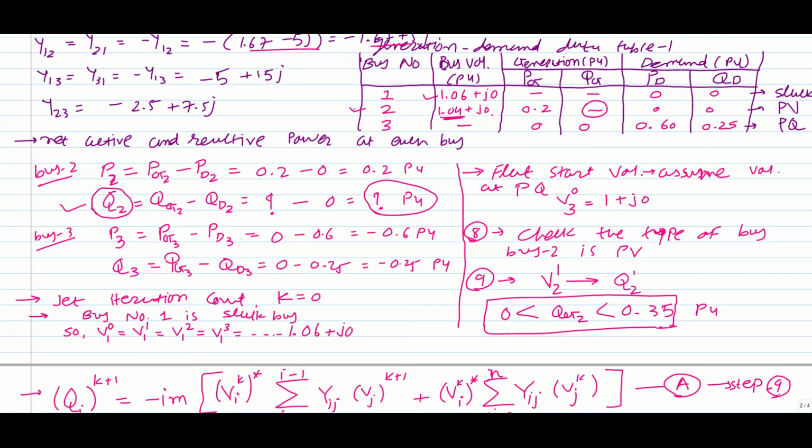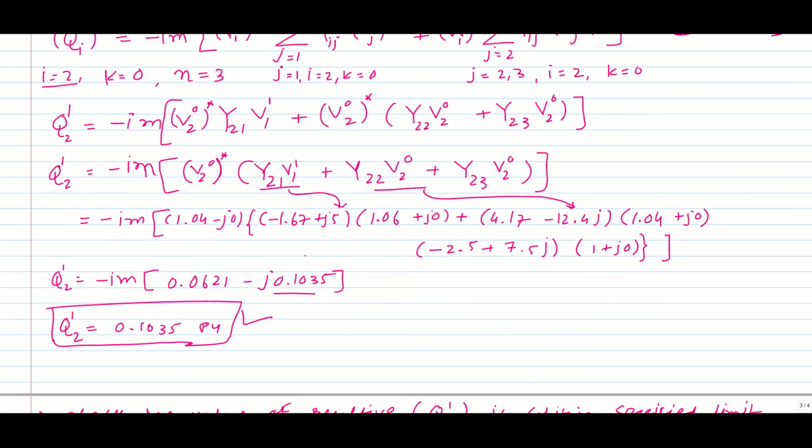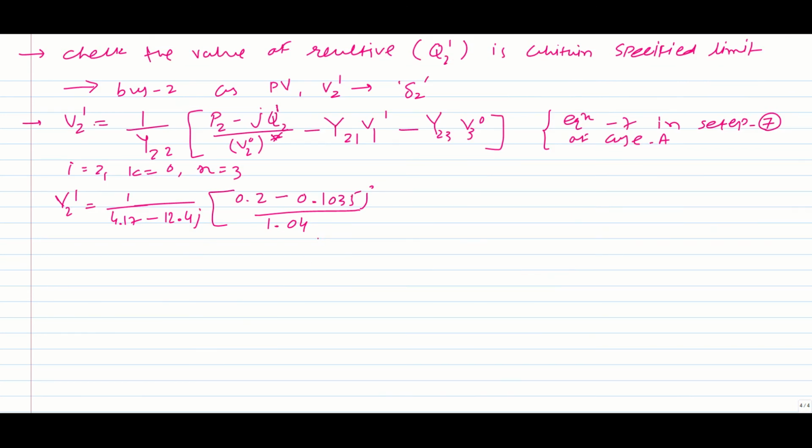The angle is not given, so our objective is to calculate the angle for bus number 2. Why do we need to do this? Because on a PV bus only P and V are specified, so we have to calculate Q and delta at the PV bus. Q we have already calculated, so for delta we need to calculate V2 again.